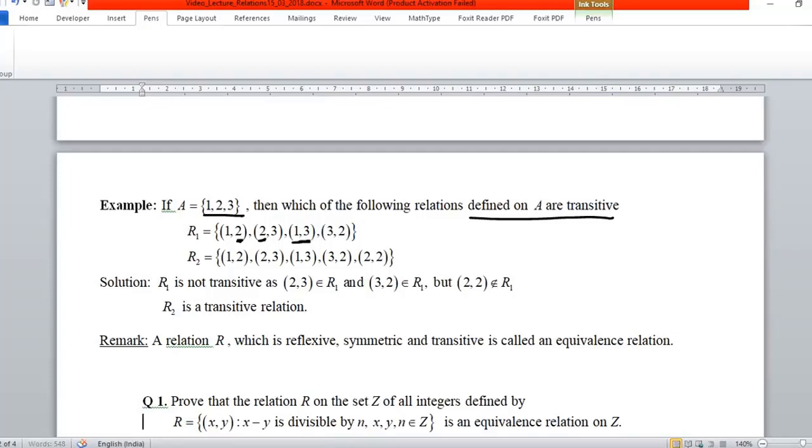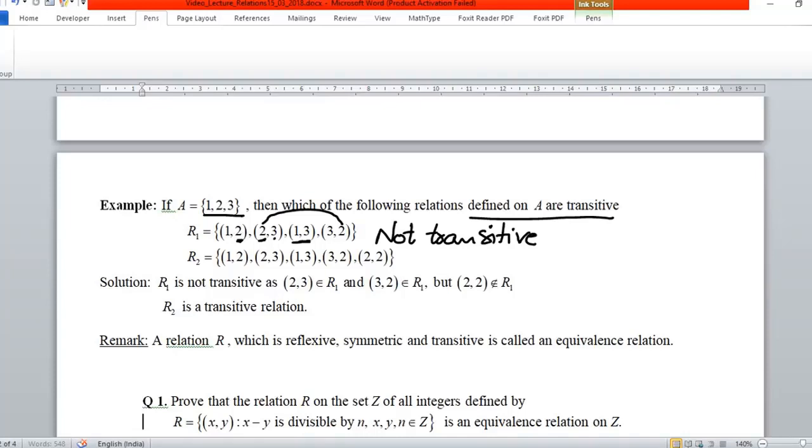So we can say this is fine, but we need to check all the elements. For (2, 3) and (3, 2) belonging to R1, we need (2, 2) for this relation to be transitive, but (2, 2) is not present, so this is not transitive.